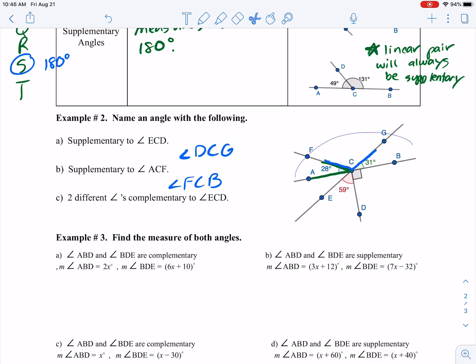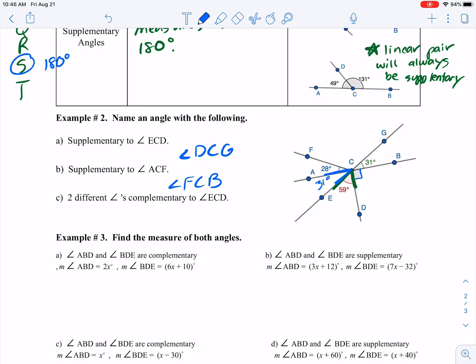And our last question says name two different complementary angles to angle ECD. Let's do one of them together and you guys can pick another. ECD is right here. It's 59 degrees. Well, because this is a 90-degree angle, we know that these two angles would equal 90. So this would have to have a measure of 31 degrees.